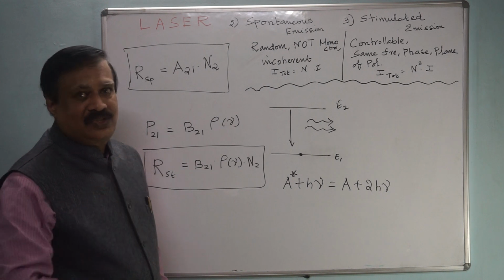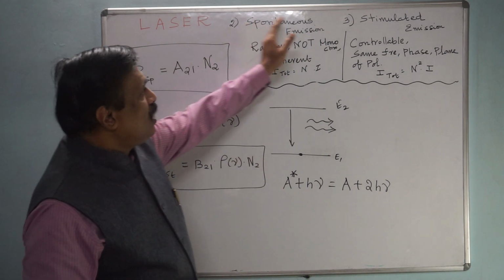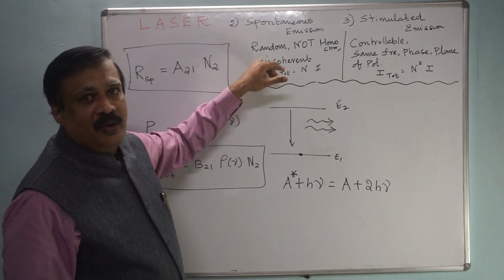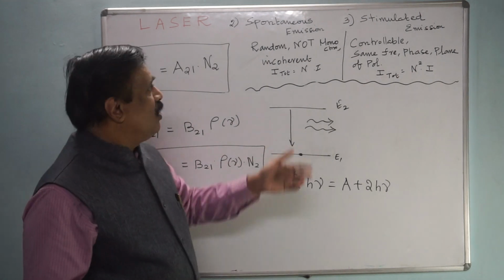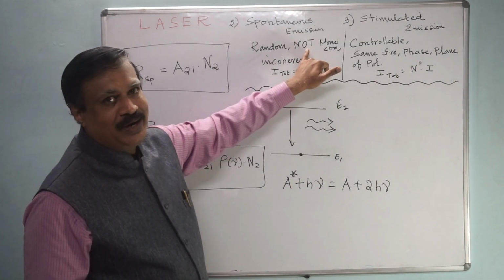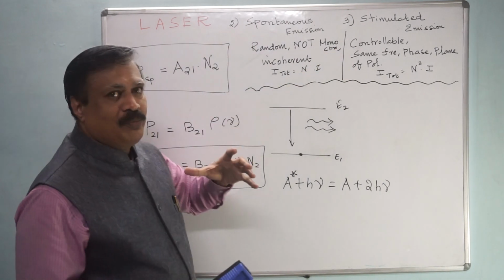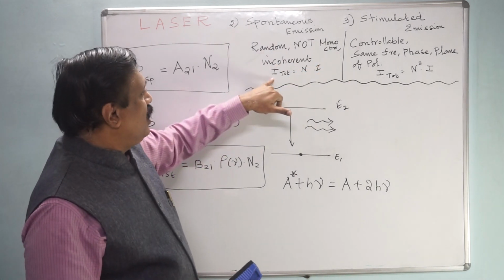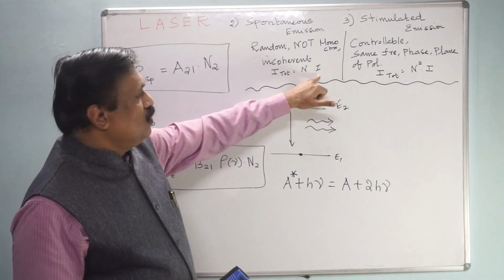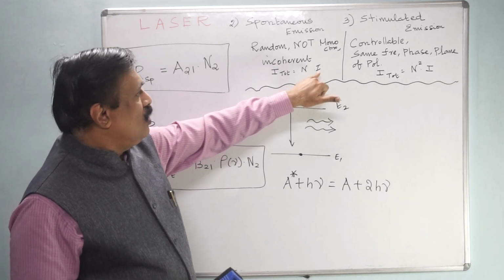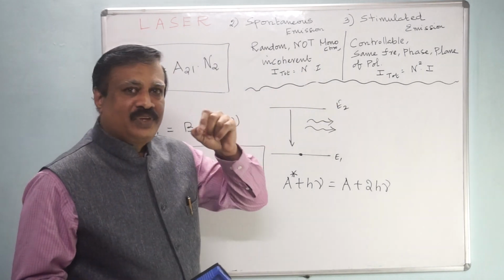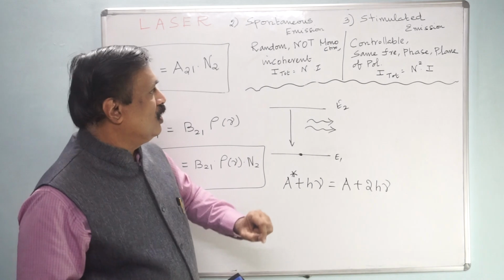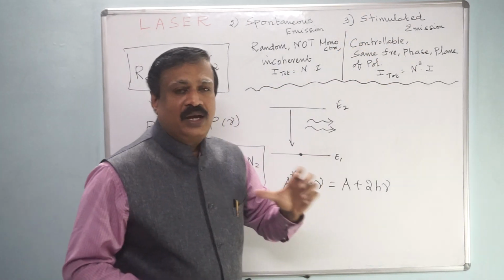Now what are the characteristics for spontaneous emission and stimulated emission? For spontaneous emission it is random, because automatically it is happening, and it is not monochromatic. Monochromatic means only a single wavelength should be there. It is incoherent, and intensity equals N into I only, number of atoms into one photon intensity. I is the intensity of a single photon. And stimulated emission is controllable.